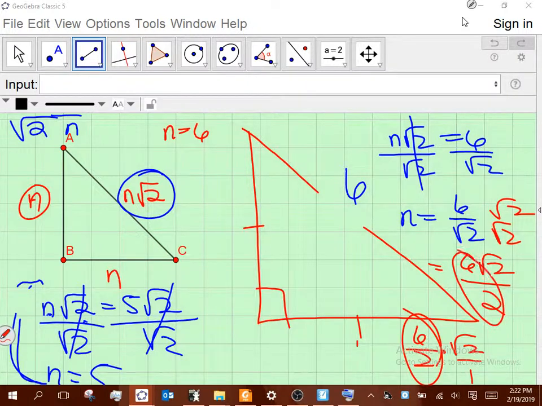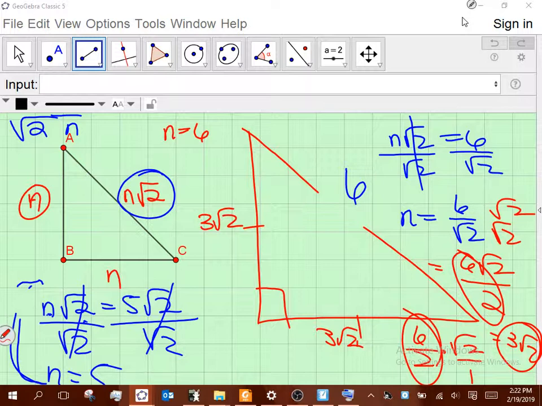So it tells me these two things cancel to give me 3. And 3 radical 2 then is the n we just solved for, so that's that side right there, and that side right there. Because if I square those and add them together, I get 6 back. Okay? I think those are the harder versions.